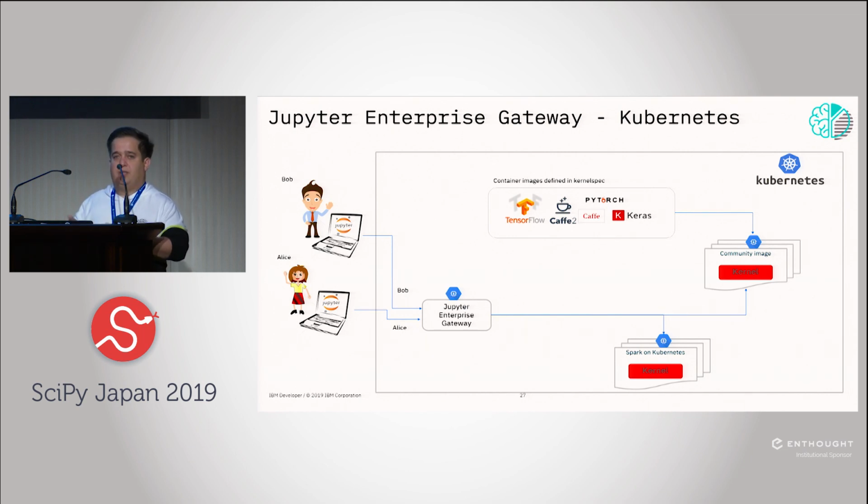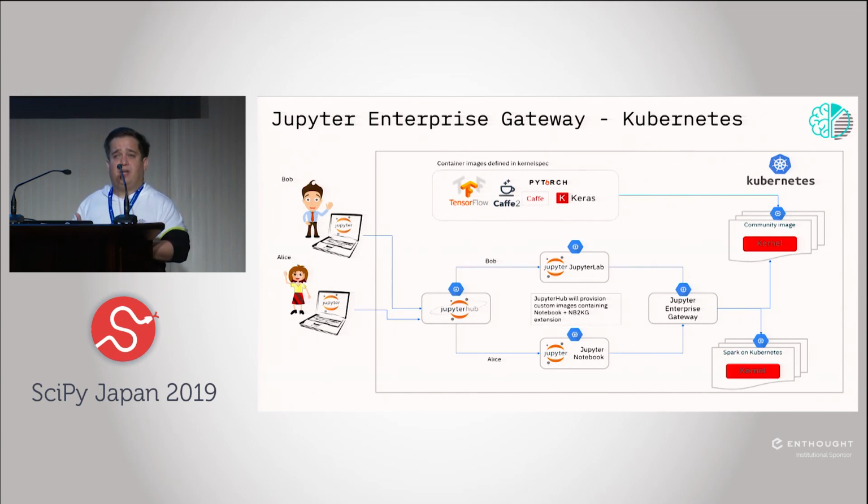If you do PyTorch, similarly, you can do a Python kernel on a PyTorch image, and you can multiply the number of environments that you can have. You can also bring customized images to the cluster, so you can make your own type of libraries, etc. And you can also have Spark on Kubernetes, which is managed by Kubernetes.